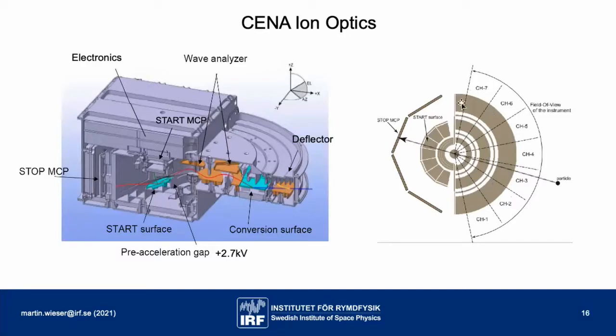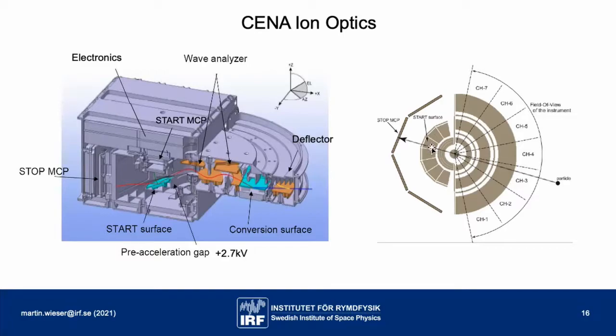And then also a half-circle shaped conversion surface, which converts incident neutral atoms to ions. The ions are then accelerated towards this central point in the middle of the optics, and it corresponds in the 3D view here to this section here. And while they're accelerated inwards, they're also energy analyzed in the wave-shaped energy analyzer.